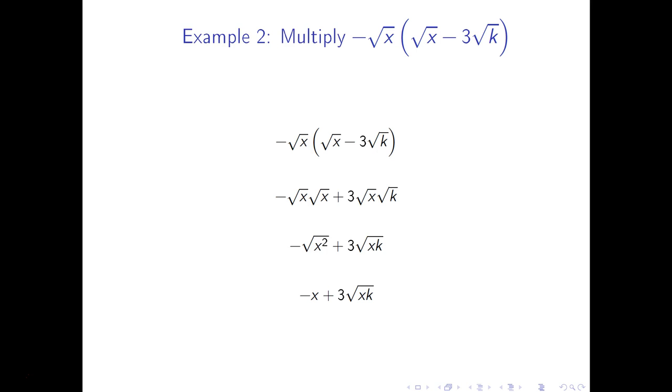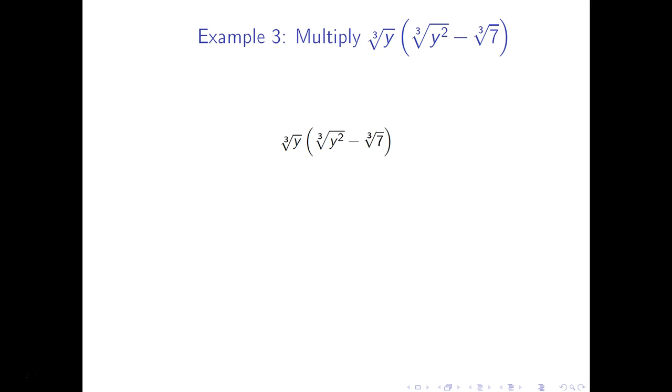Well, let's try to multiply a cube root now. So same exact idea, it's just now a cube root. So I want you to pause the video and multiply these together using distribution. Welcome back. As we do that again, we can distribute to each of the terms.